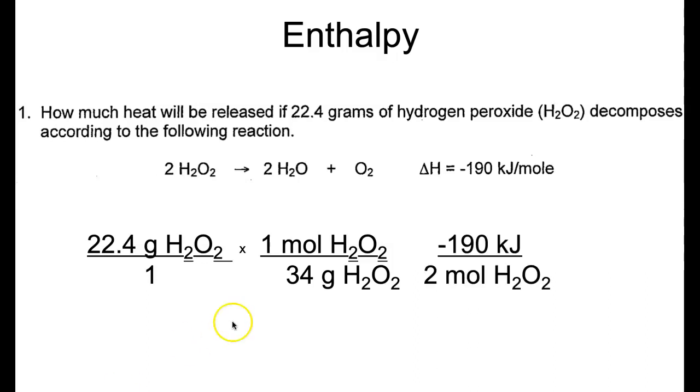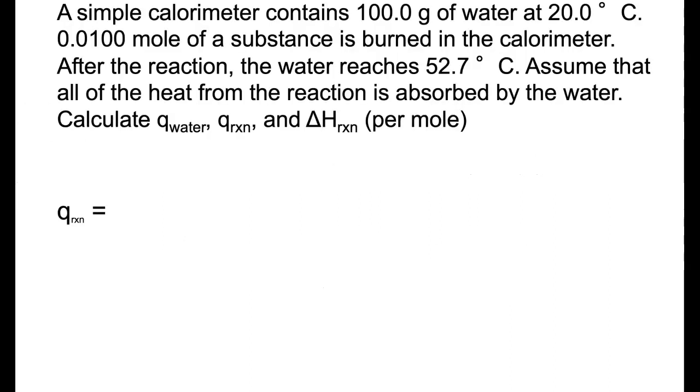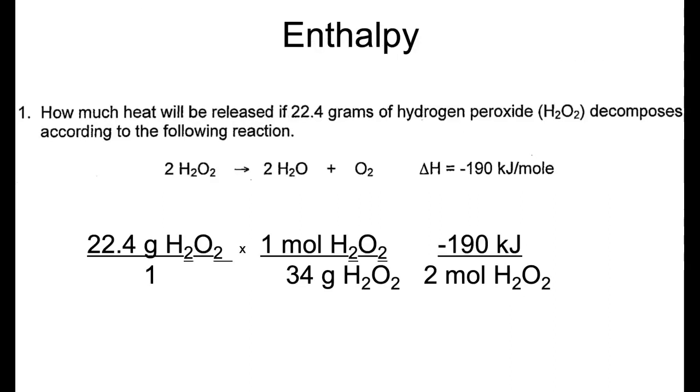Then because this equation calls for 2 moles of hydrogen peroxide to release 190 kilojoules of energy, hopefully you went straight across the top and multiplied those. So 22.4 times negative 190 divided by 68.